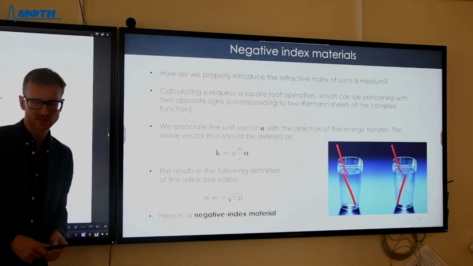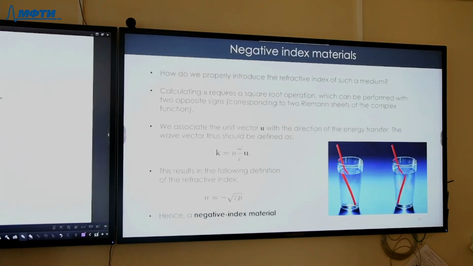And this leads to a number of very interesting exotic effects that were highlighted back in 1960-something, 61 or 63, by Veselago. Then it was forgotten for many, many years, for decades. But then the interest in this class of exotic media was revived by John Pendry in the late 90s.